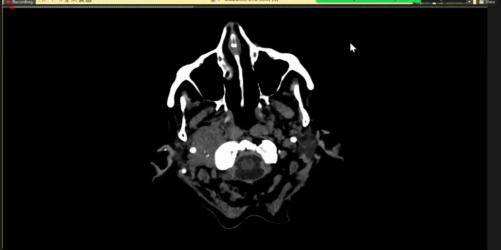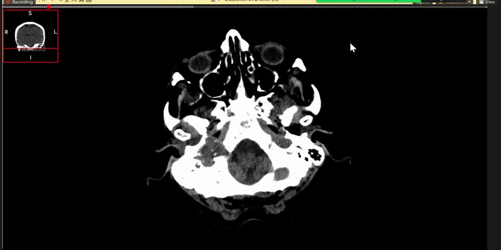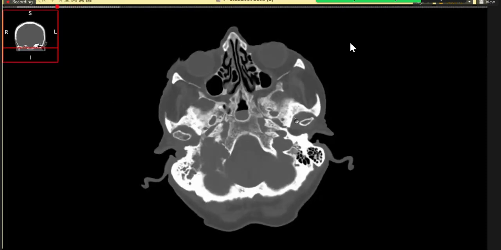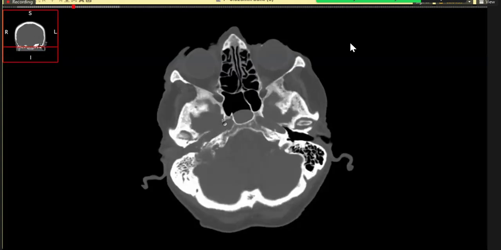But this is a case, and it goes into the carotid space from here. Ask for the bone window, and now see that sign. The software actually is hanging, so just bear with me.